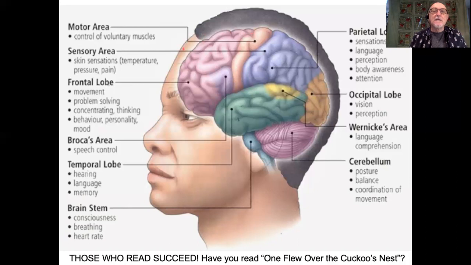This part here is actually called the frontal lobe. There it is. This is all frontal lobe, but this here, sorry, is called the prefrontal cortex. And you don't need to remember that name. I'm only mentioning it because I wonder how many of you have read One Flew Over the Cuckoo's Nest, because this area features very prominently in that book.